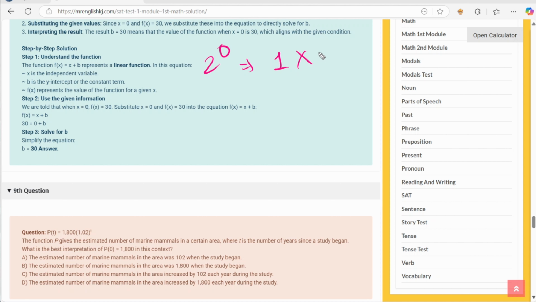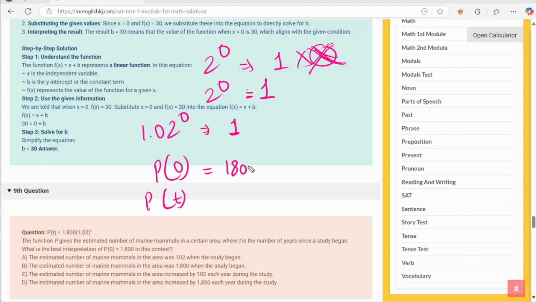So we don't need to add it at all. Nothing will be there. Not 0, nothing. So we get the answer, that is 1. Always remember, if it is 2 power 0, the exponent is 0, then we get the answer 1. So if it is given like this, the answer we will get is 1. We know if we multiply 1800 by 1, we'll get 1800. So at the end, our answer is this, which is already given to us.